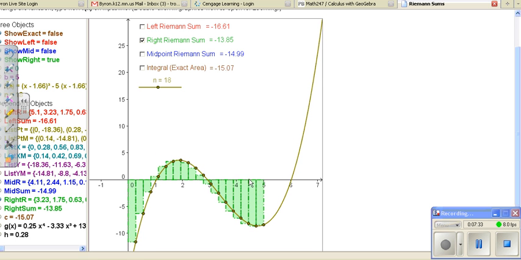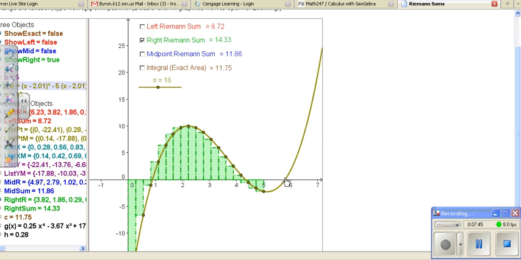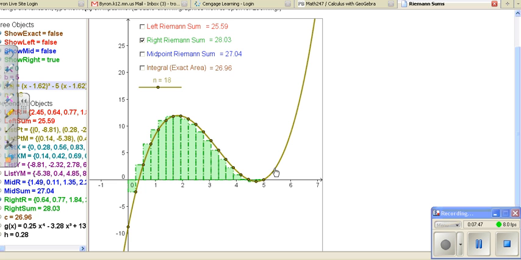Because you actually have more area underneath your curve, underneath the x-axis, than you do above. And you can continue to move this around and get different shapes. And we could even change our function if we wanted to, rather than just sliding our function around. But hopefully that gives you a little bit better view of visually what's going on when we're looking at our Riemann sums.